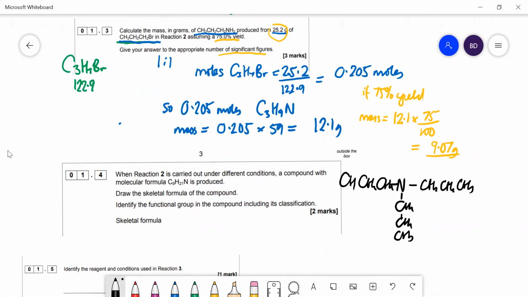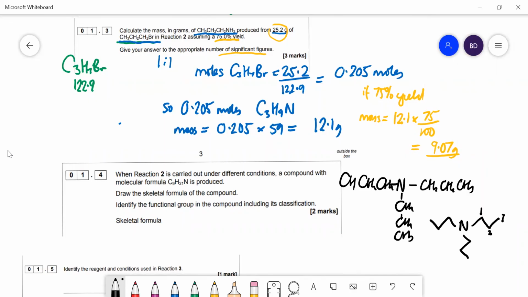It does ask for a skeletal formula, so we should draw it like this. Just check the right numbers of carbons, 1, 2, 3, that's right, and the same on this side, and the same down there. That is the skeletal formula of our product.